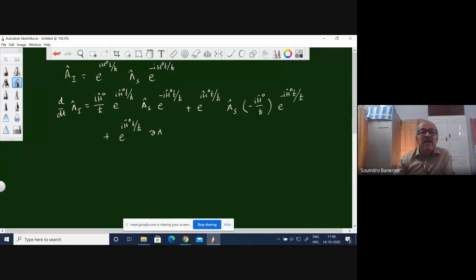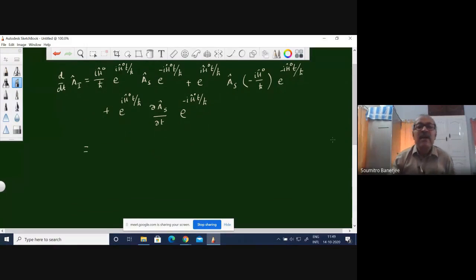Del A_S by del t, e to the power minus i H naught t by h cross. Okay, now I will see that these two terms can commute because both are dependent only on H naught. So I can keep the i by h cross as the common term.